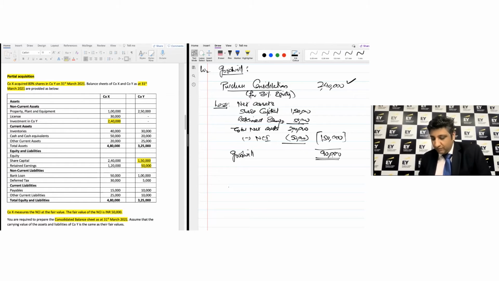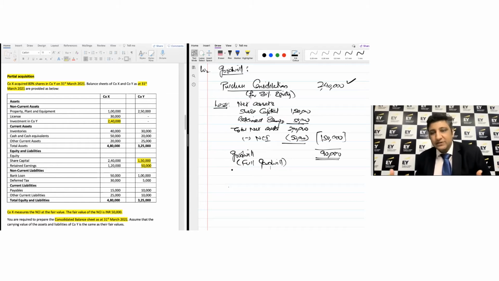That's what you want to remember. Now, this is not for an 80% share in the business. There's an 80% stake in the business, but this goodwill represents full goodwill because my NCI is at fair value. We don't have to worry about anything; this goodwill remains intact.